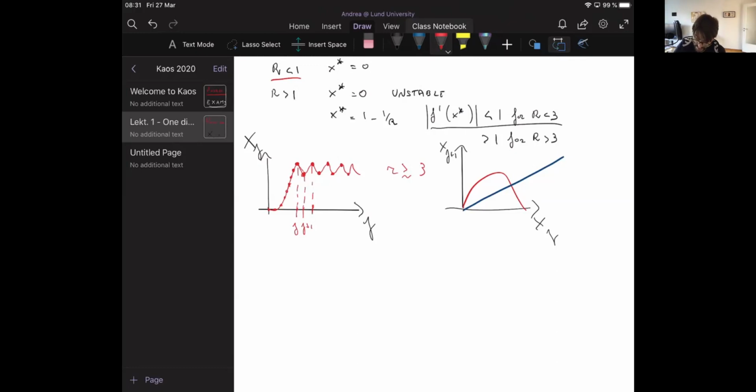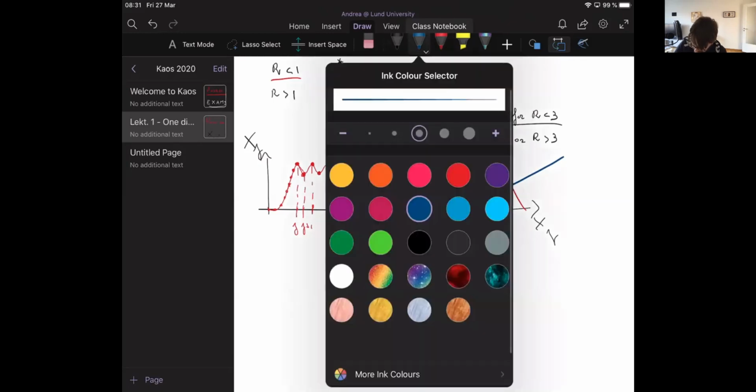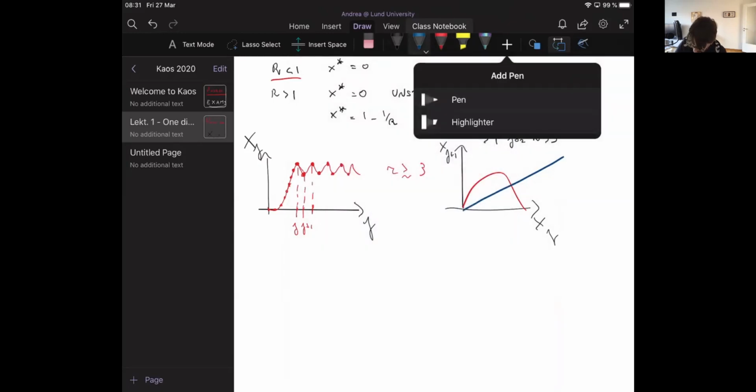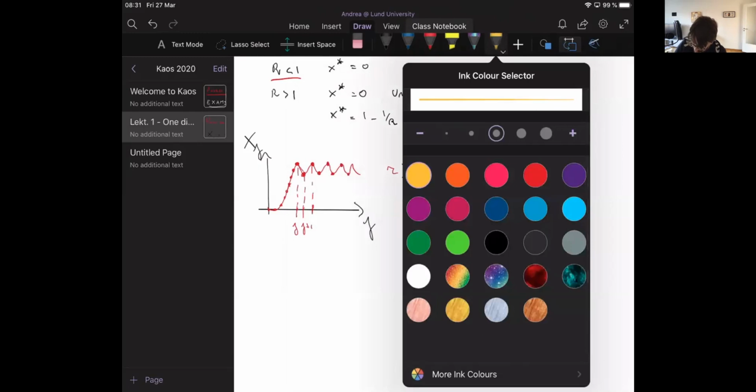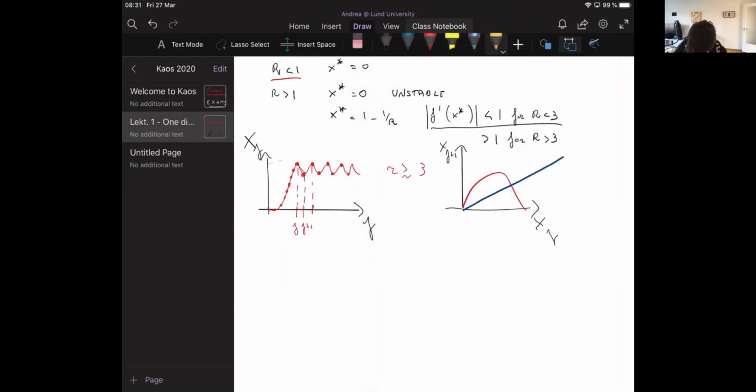But what happens is that if you jump twice, you go back to exactly the same point. So let's add this pen, a yellow one. So you will arrive at exactly the same point. All right. Okay. Thanks.